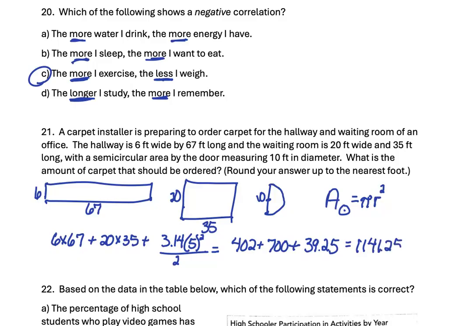It asked us to round it to the nearest foot, so that means to the nearest whole number. That's going to be 1141 feet squared. That would be the amount of carpet that would need to be ordered. Okay. Moving on to our next question.